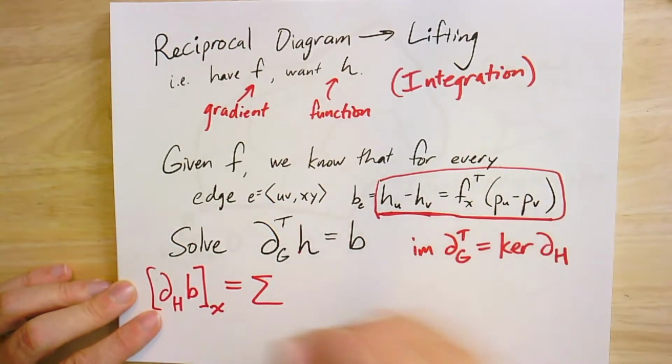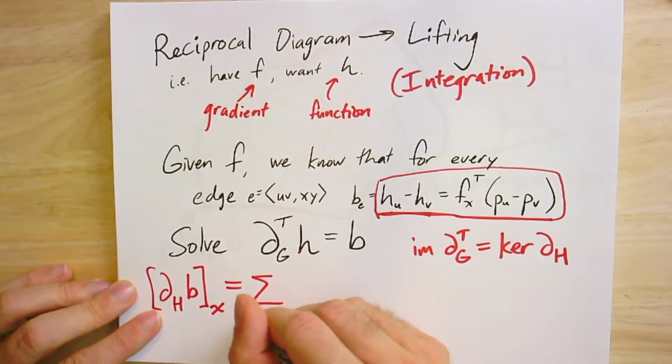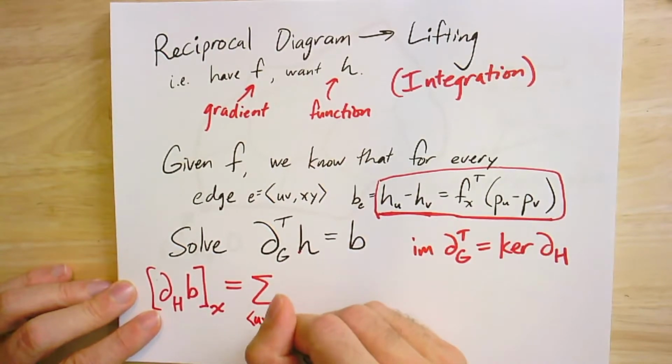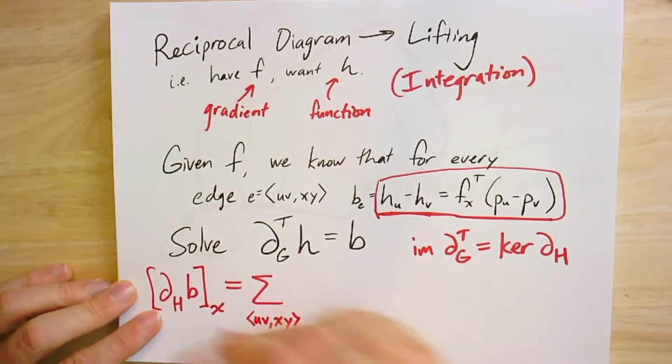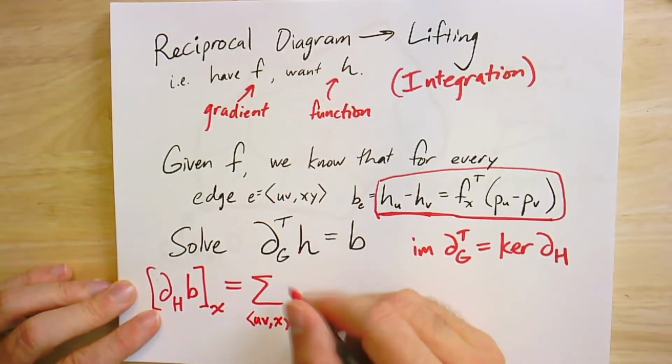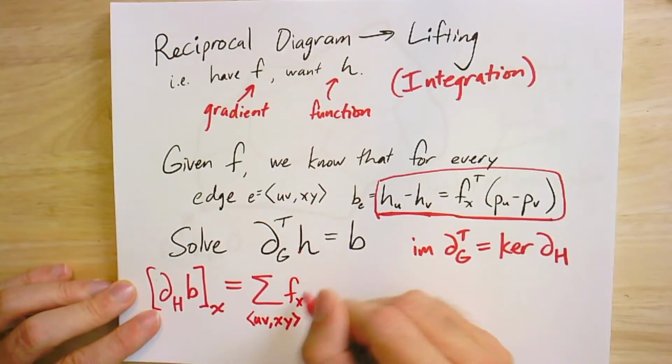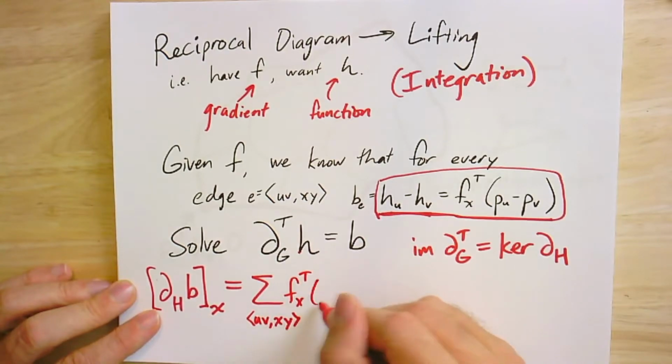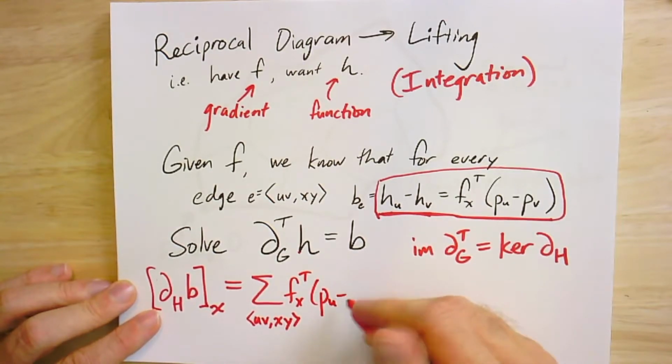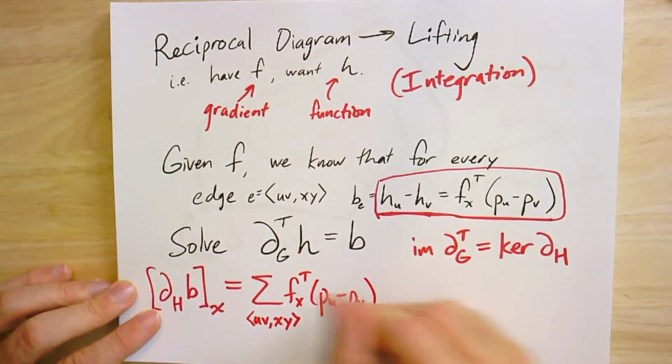So this b value. So this is like summing over all these edges. Again, I'll call them uv, xy, and this x is the same as the x here. So it's all the edges where there's some y adjacent to x, and this is uv is the dual edge. Then we know that that is just fx times pu minus pv. Right, that's what I got right from here.